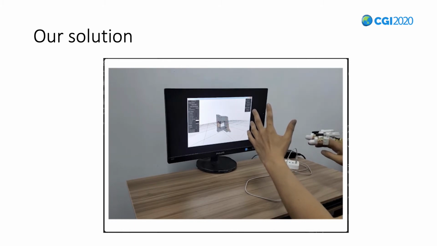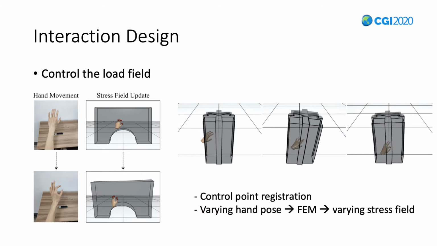First, let us look into the interaction of the left hand. A user first locates his hand into the 3D model and registers it at the rest pose. After the registration, the user is allowed to change the hand pose.